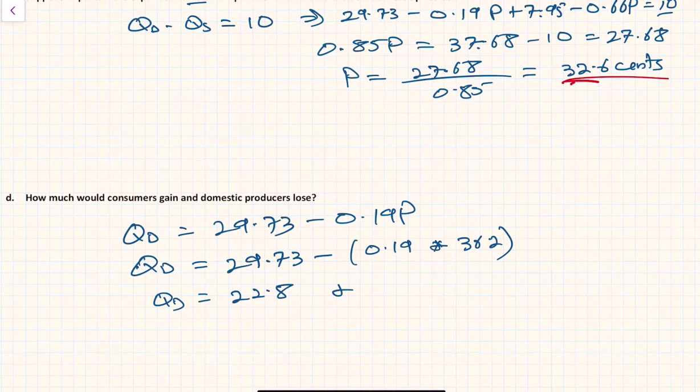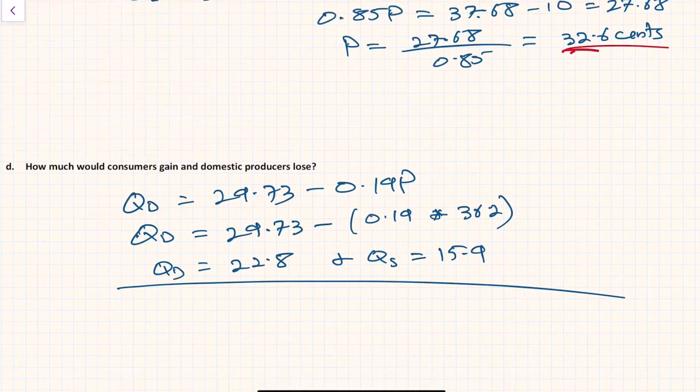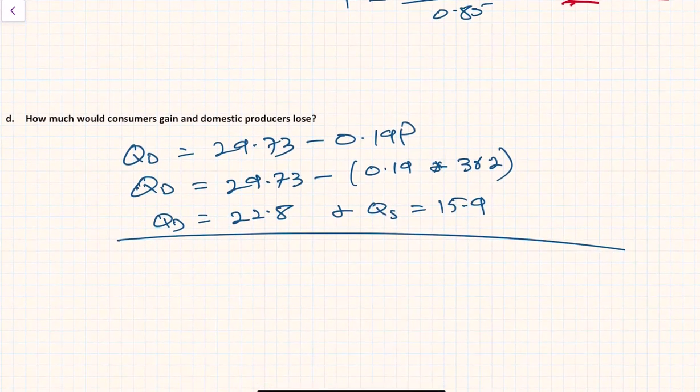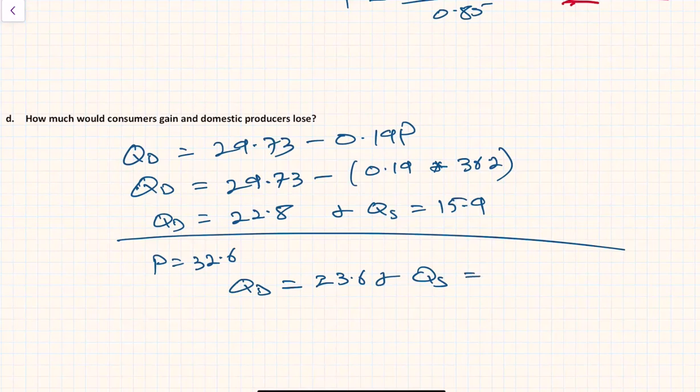And then by default, QS we know will be 6.7 billion pounds less than this, which will be 15.9. Similarly, we can establish that when our domestic price is 32.6, QD will be 23.6, and QS will be 10 billion pounds less than this, which will be 13.6.